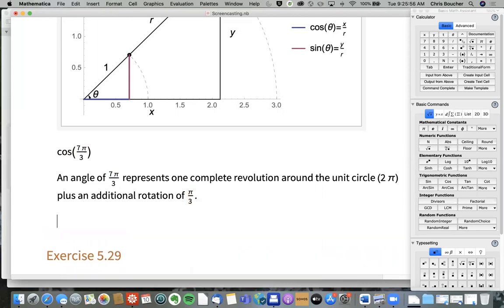And what this means is that this angle, 7 pi over 3, has the same circle point as pi over 3.